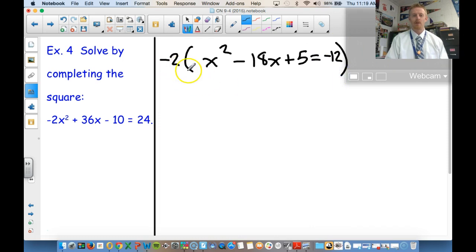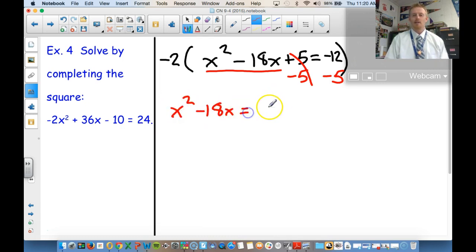So that's what's left over after we divided out a negative 2. So again, just like last time, our job is to isolate the x squared and the x. So we're going to have to get rid of the 5 to isolate that x squared minus 18x. So we have x squared minus 18x is equal to negative 17.